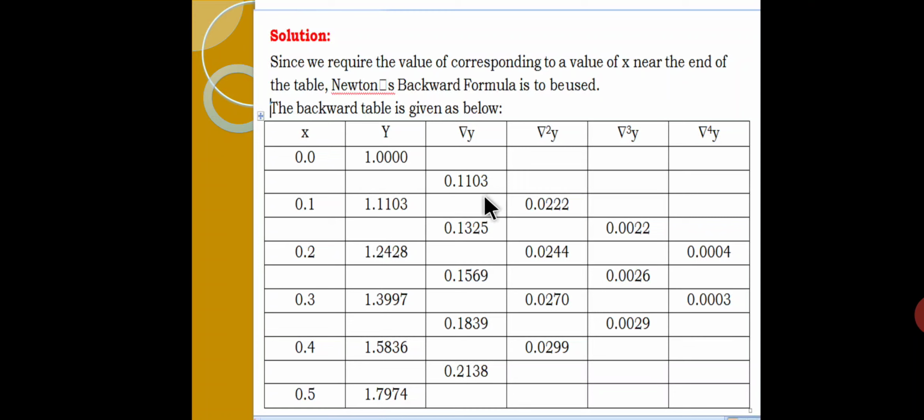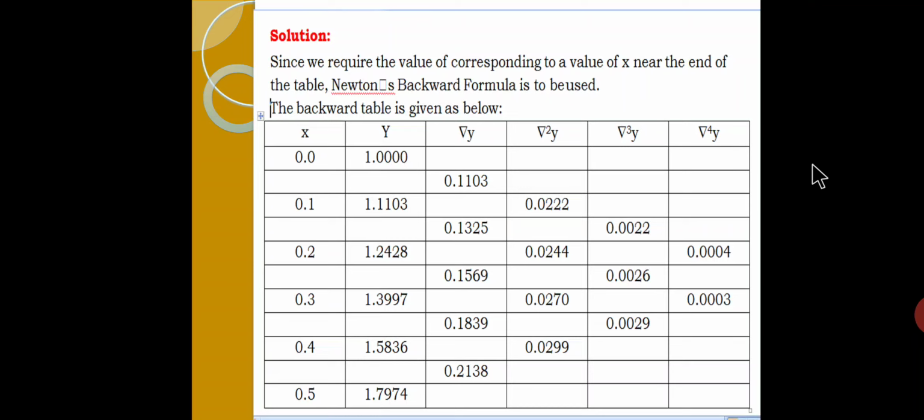So how do we get these values? The difference y1 minus y0, nabla yn. So y2 minus y1, y3 minus y2, y4 minus y3, y5 minus y4. Similarly we get these values. So finally we have nabla power 4 y: 0.004, 0.003, and nabla power 5 y is equal to 0.001. This is a very small number, so we neglect that difference here.